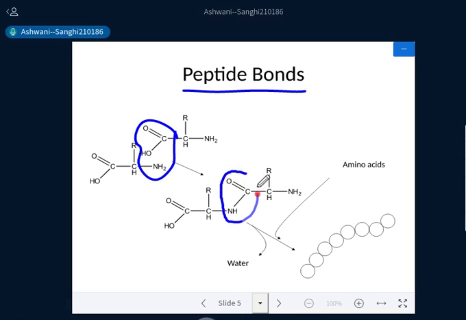Two amino acids are joined together by the peptide bond, and during the synthesis of the peptide bond there is removal of one water molecule.